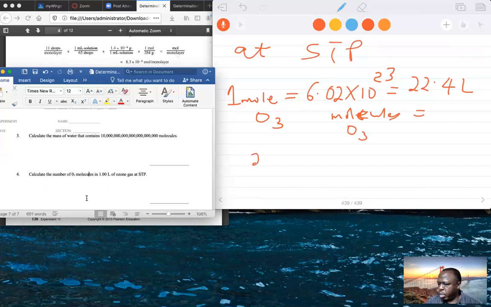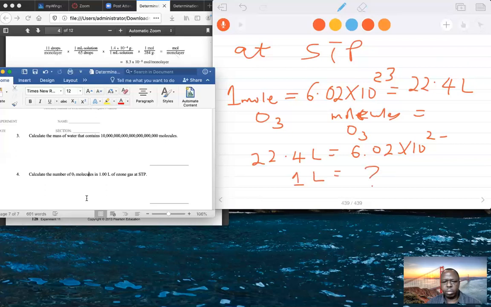If 22.4 liters equals 6.02 times 10 raised to 23, 1 liter equals what?